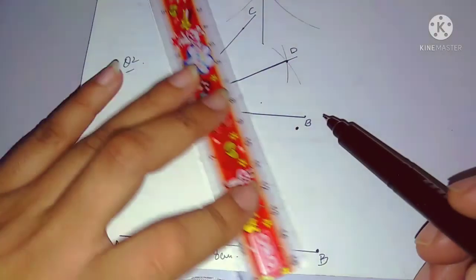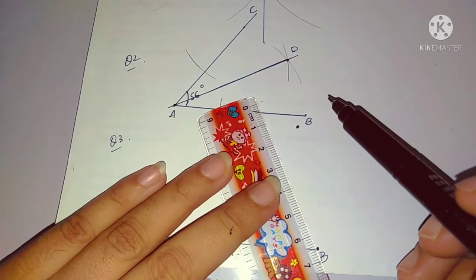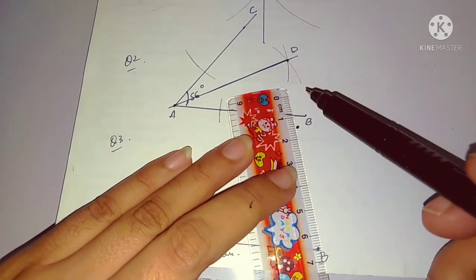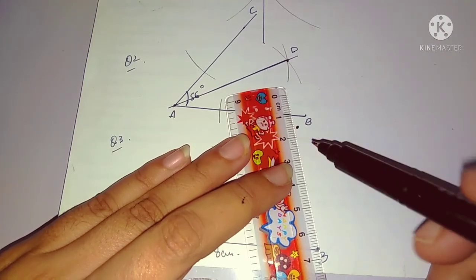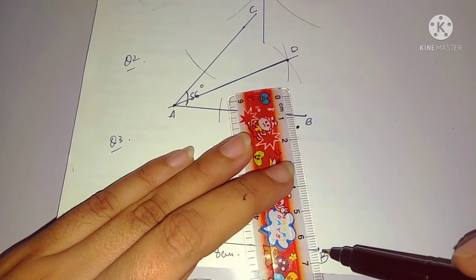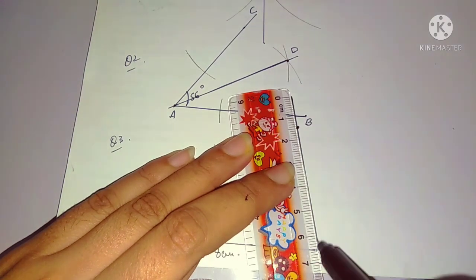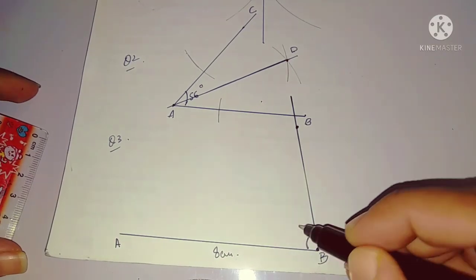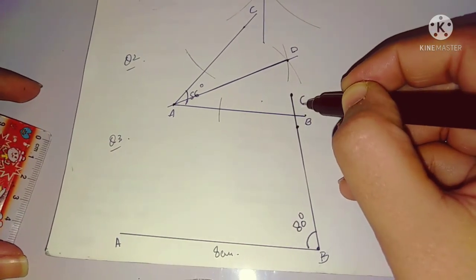I'm just measuring it from this direction. This is 6.5. This point should come here because we are also making the angle, and the length is 6.5. So put it here, and now start drawing the line from 0, but this point should come inside because we are also drawing the angle of 80 degree. Now this is the 80 degree angle and this point is C.